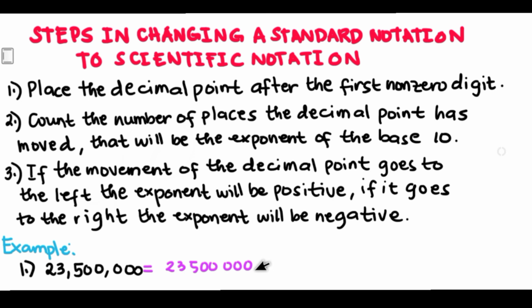Hindi na lang nga nilalagay. Pero ilagay ko dito, and then kailangan ilagay natin yung decimal point after 2 kasi siya yung unang hindi 0 na digit. So, bilangin natin yung pag-move. 1, 2, 3, 4, 5, 6, and then 6. So, from here, yung sa starting point ng decimal point up to here, 7 yung ating na-move.